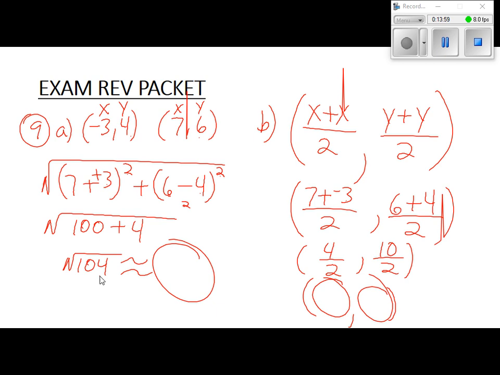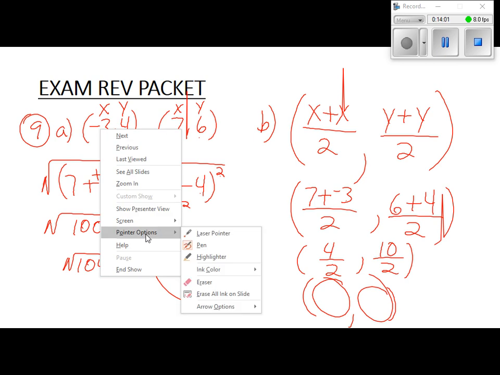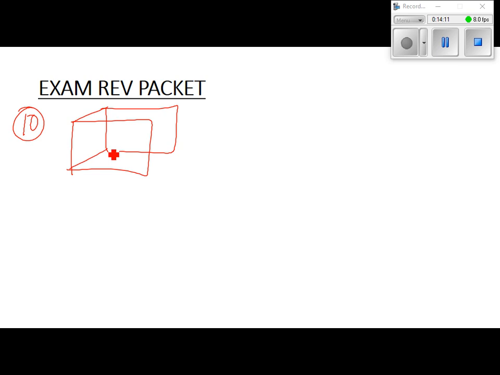Number 11. Or I'm sorry, number 10. They give us a rectangular prism. This edge is 12, this edge is 8, and this is 6. We'll do the volume first. That's the second answer, but we'll do it first because it's easier.